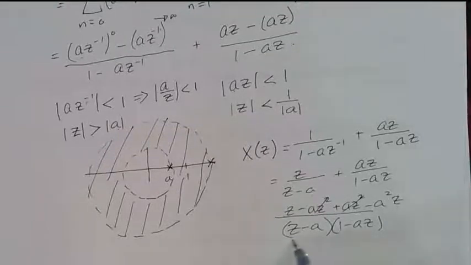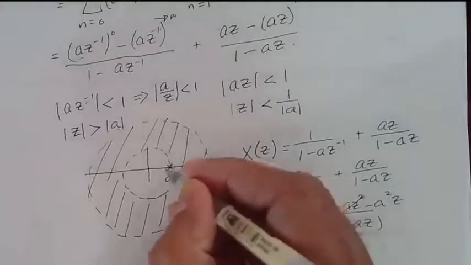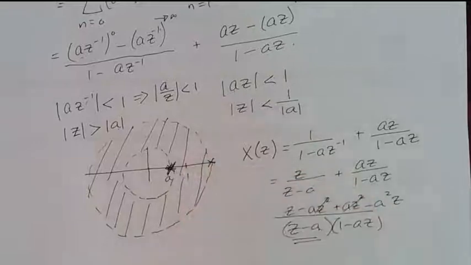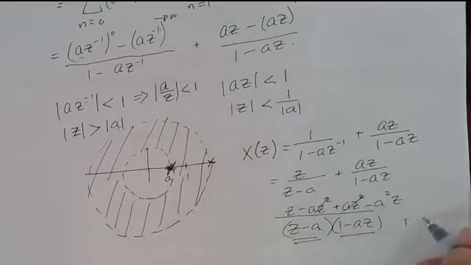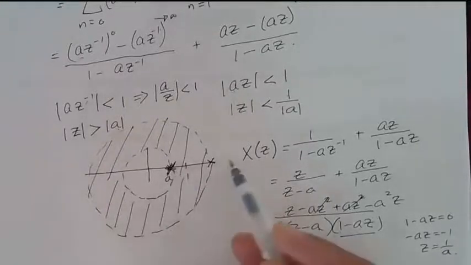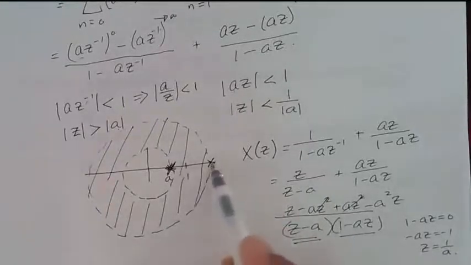I'm not so much concerned with what is in the numerator right now, but look at where the poles are. This pole is at z equals a, right here. And here, this thing will go to 0 when 1 minus a z is equal to 0, then minus a z equals minus 1, and z equals 1 over a. So this is one of the poles, and this is the other pole.